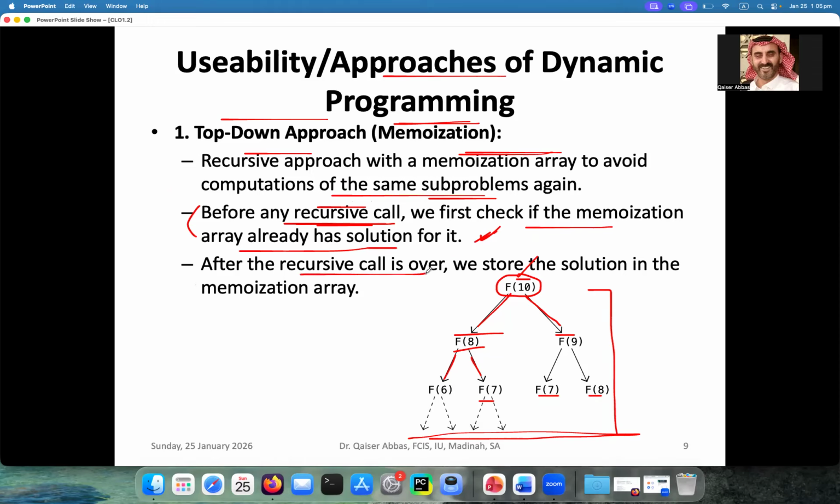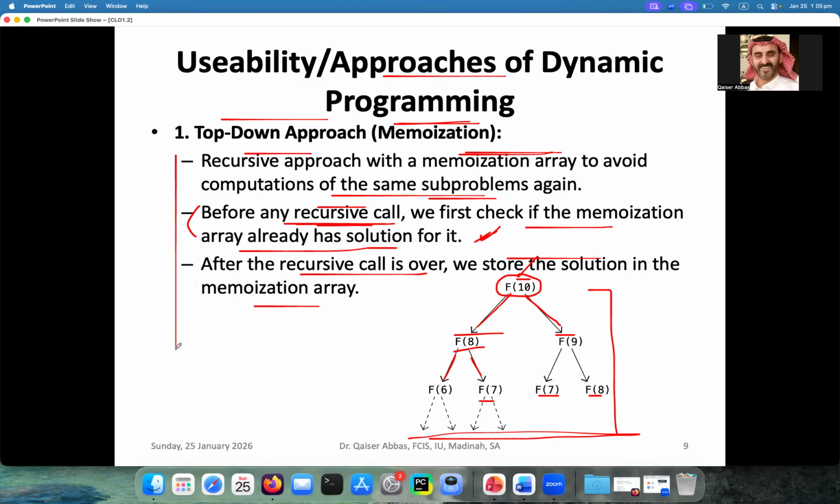When the recursive call is over, we store the solution in the memory. When you make the recursive call, you will execute that function, and in that function, this statement would be there: you calculate the solution and then store it into the memory. This is something theoretical.